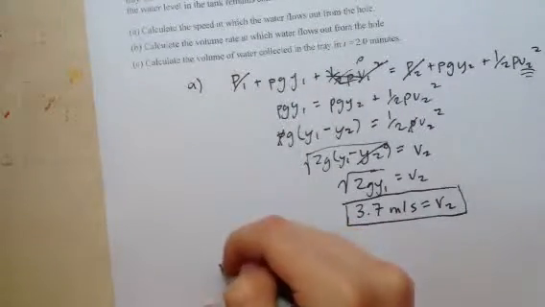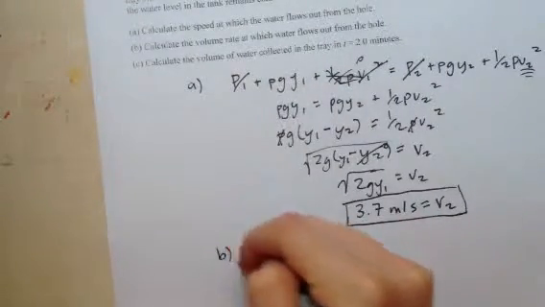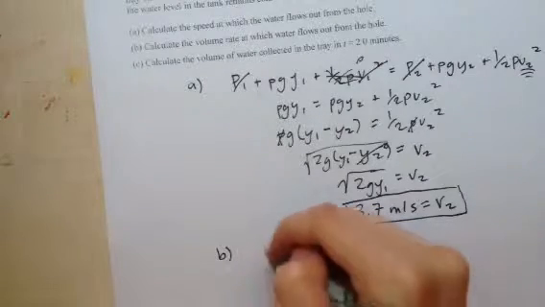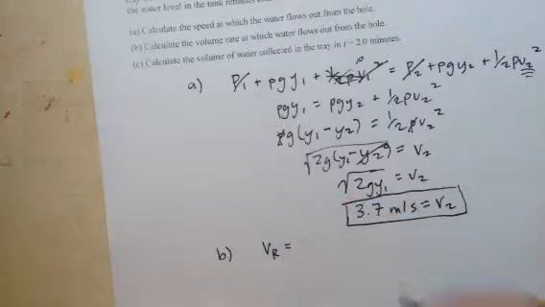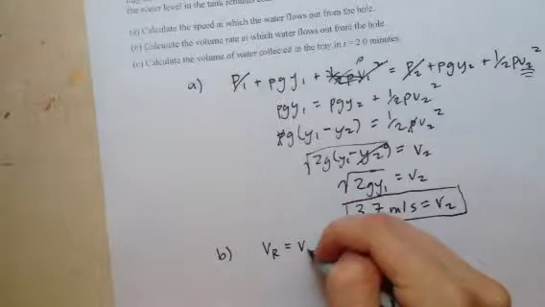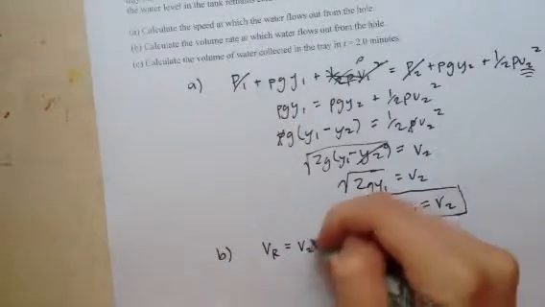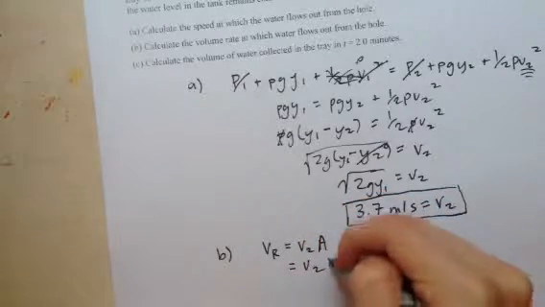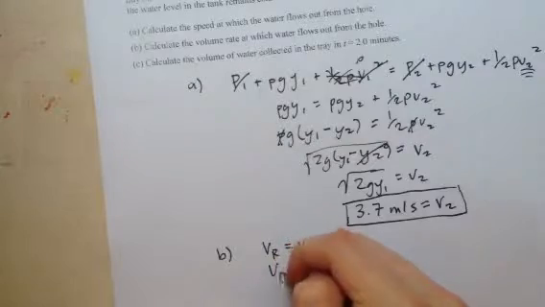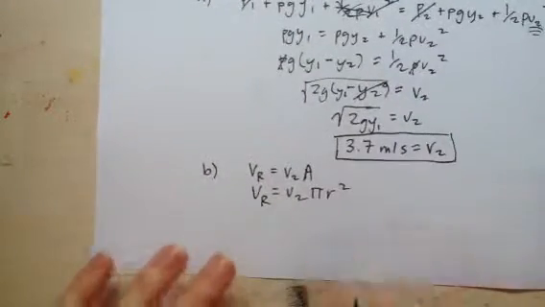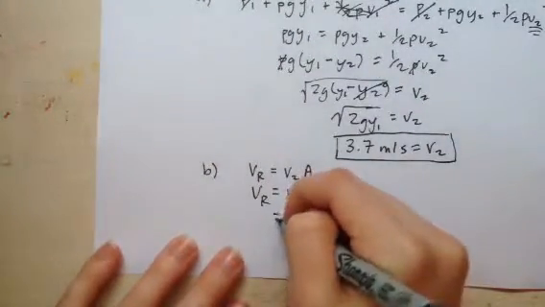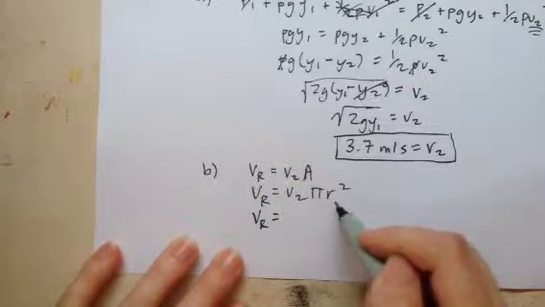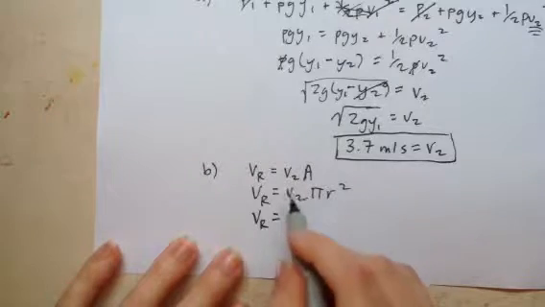So since area is pi r squared, it simply means that our volume rate of the water, which I'm calling VR, is equal to the velocity at the hole times area, which is v2 times pi r squared, like that.